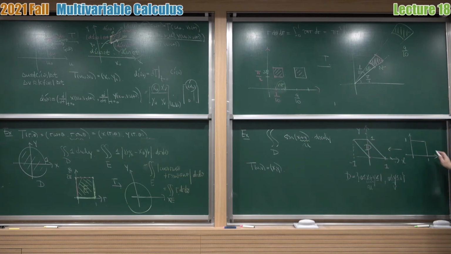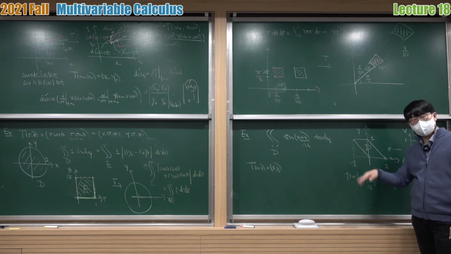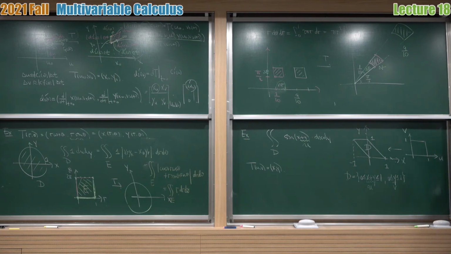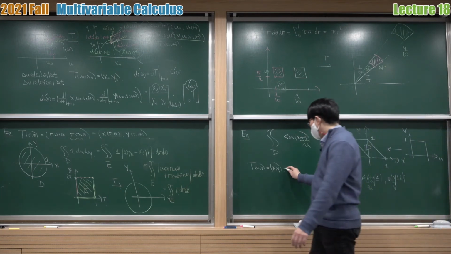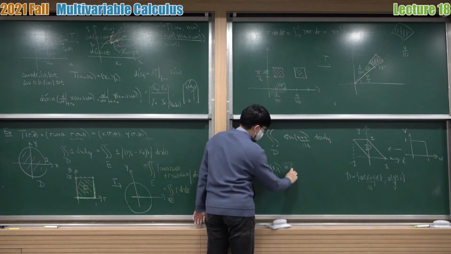This is u and v. Okay. Now, it says that u equals x plus y, not x equals u plus v. Okay, so I have to find the formula of x and y in terms of u and v. So what's x?